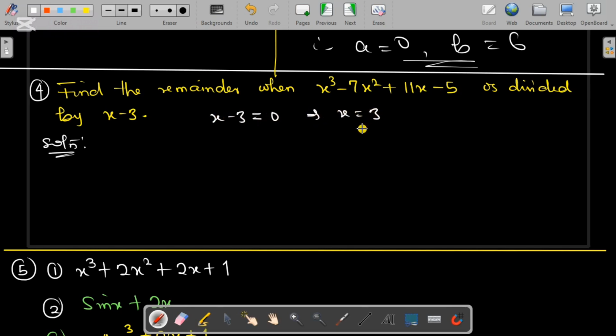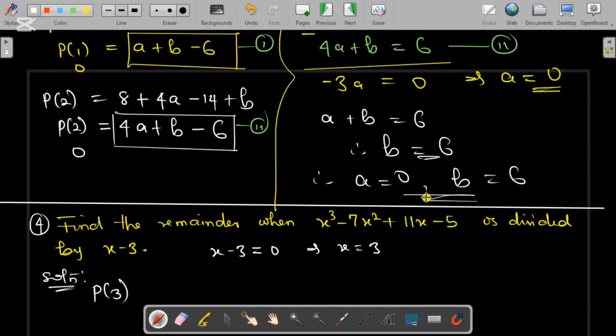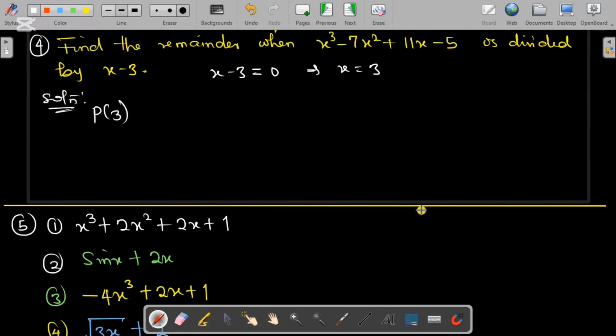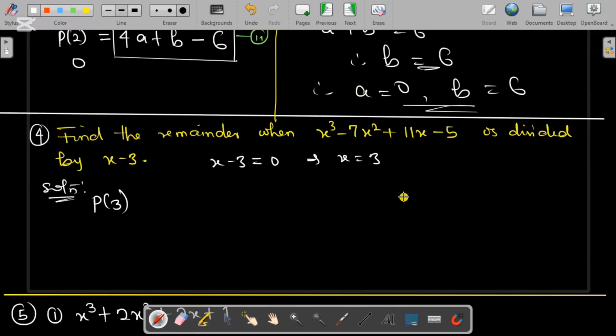So remainder theorem says that if you substitute your x as 3 here, that means we are going to have p of 3, and whatever you get is your remainder. That's why in factor theorem, if you substitute it and you get 0, that 0 should be the remainder, but 0 means nothing. And so when a number divides and gets 0, it means it's a factor. That's why we call that one factor theorem.